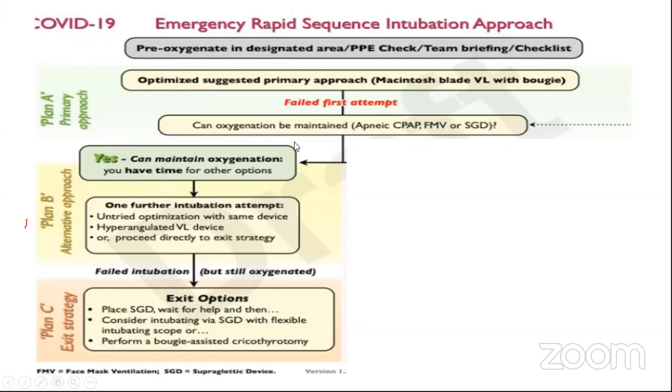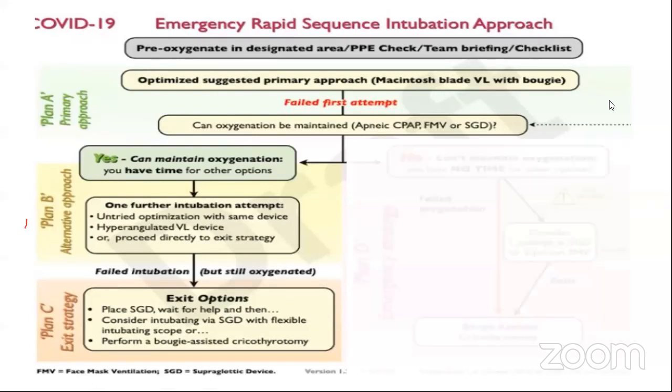But let's go back here where we failed our first attempt. And when we asked ourselves, can we still maintain ventilation of the patient, whether passively or by bagging or by a supraglottic device? And the answer was no. We are not able to do that.